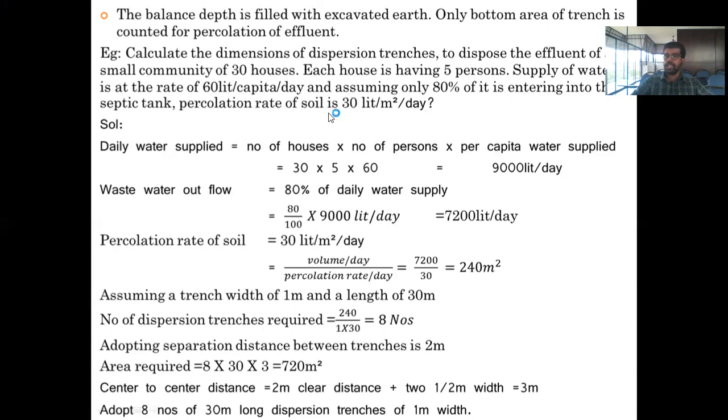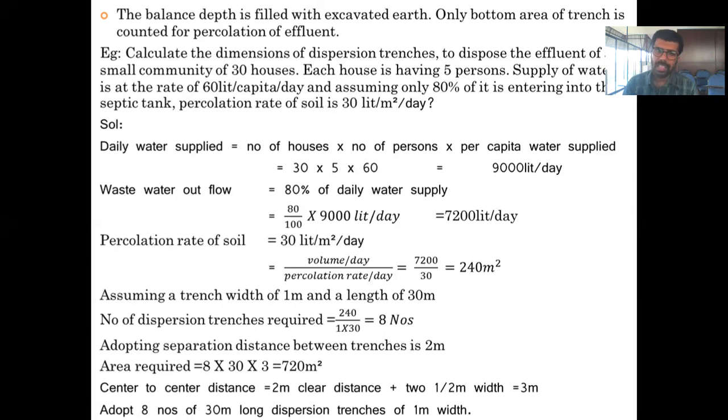So you know how to find out the percolation rate, right? Yesterday we have seen how to find out the percolation rate by digging 2-3 pits and filling the water, allowing it to soak away, and the next day again you are filling it. You already know how to take a percolation test in a place.